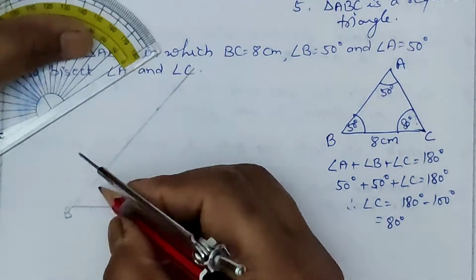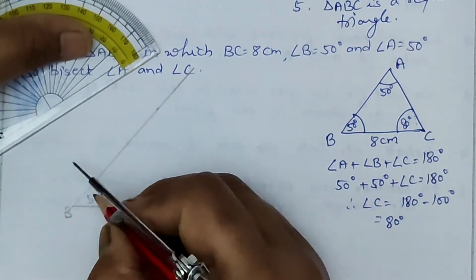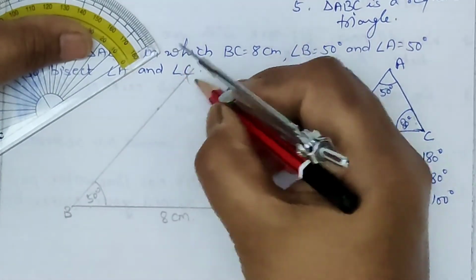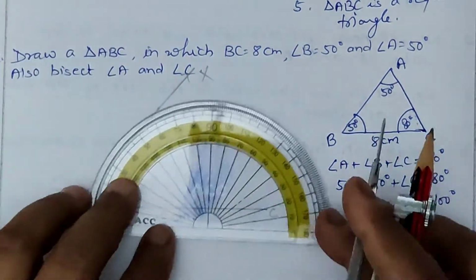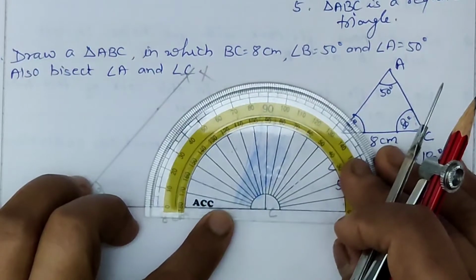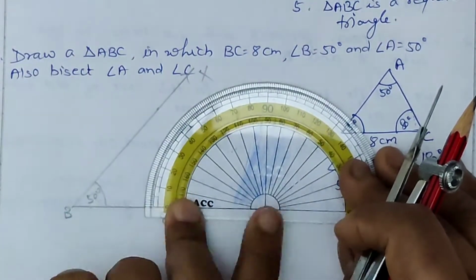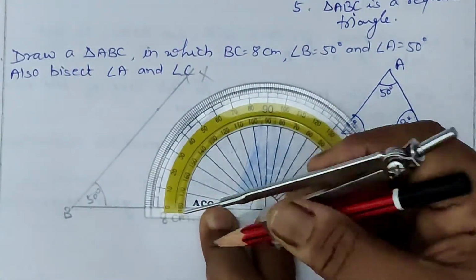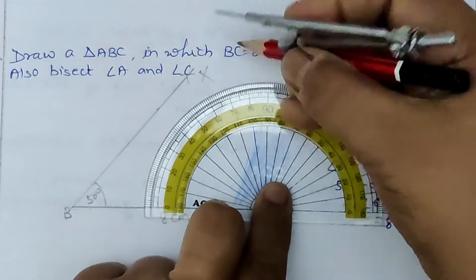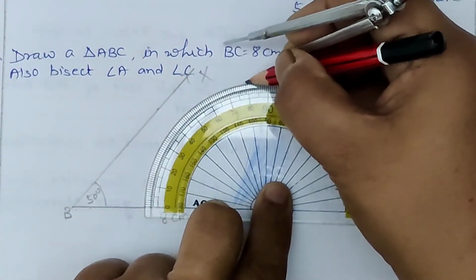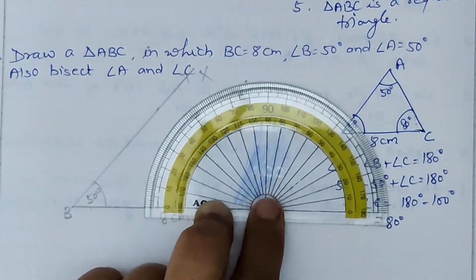Okay, this angle is 50 degree. Suppose this is the ray BX. Angle C 80 degree. The vertex C, and start with 0. 10, 20, 30, 40, 50, 60, 70, 80. This is the point 80.